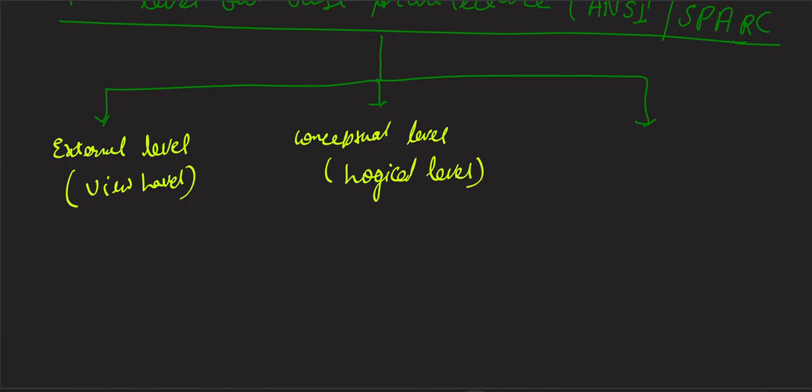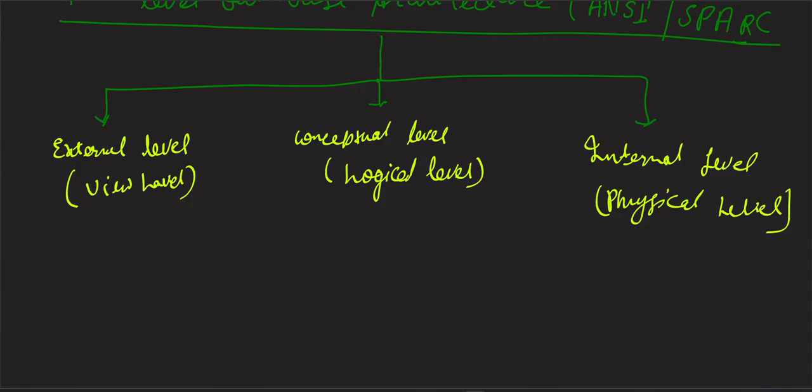And the third one is the internal level, which is called the physical level. So let's understand one by one.